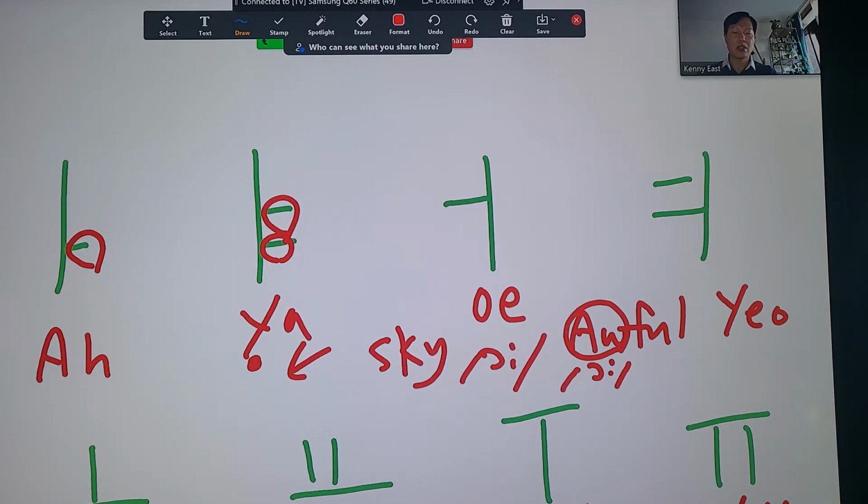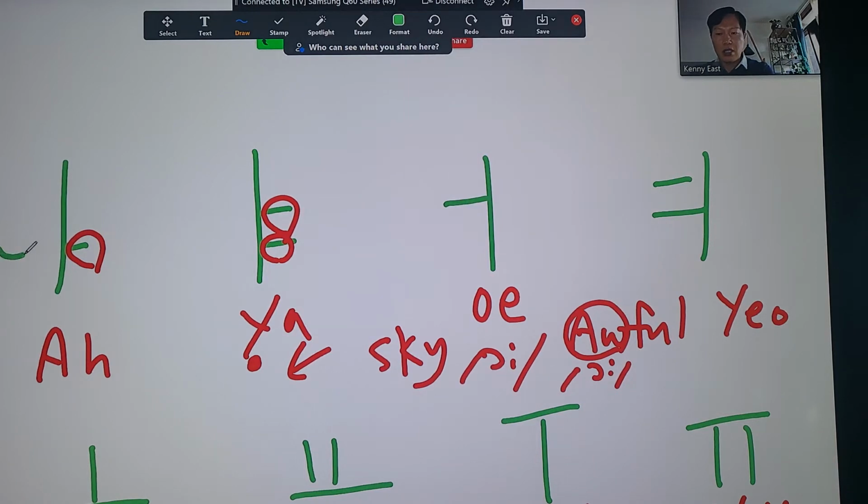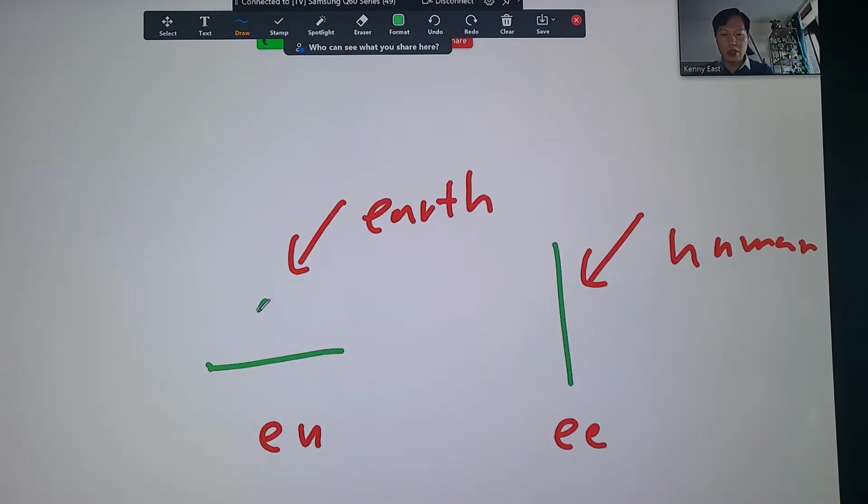In Korean, we add a circle in front or above. You add the circle in front of the vertical-based vowels, and on top of the horizontal-based vowels. For the next two as well, you add it on top, or in front for the vertical ones.